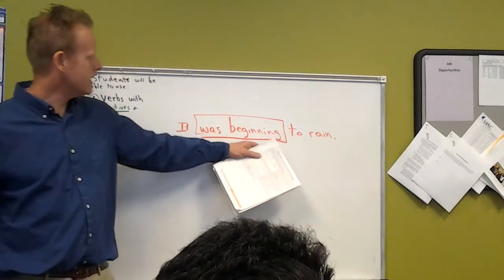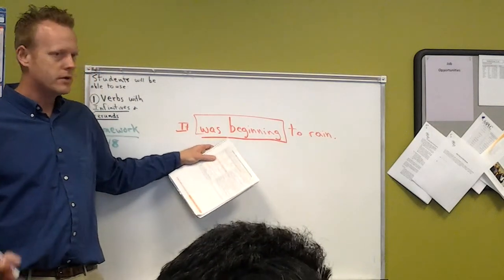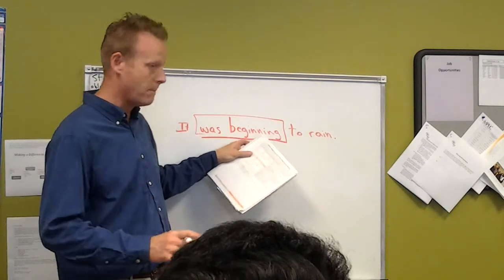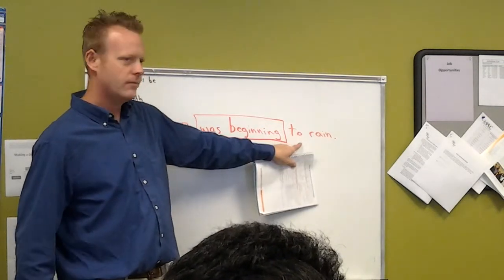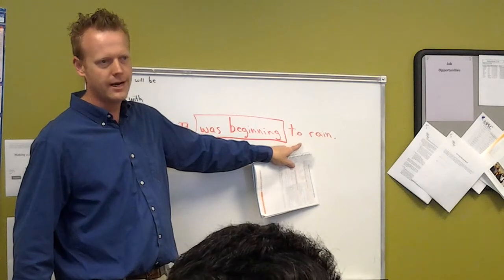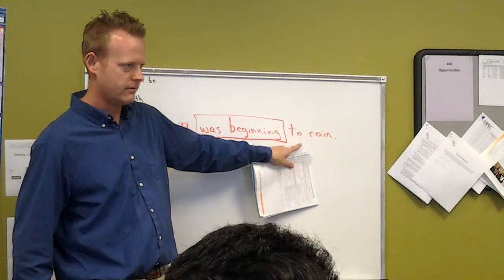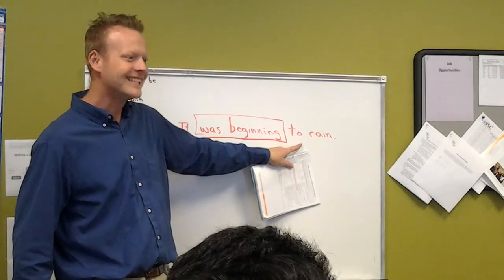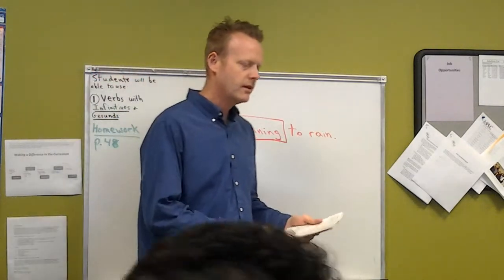It's a past progressive, which means all they're saying is whenever you use a progressive of any kind in the main verb, use the infinitive, okay, not the gerund. You don't want to say, it was beginning raining. Usually.